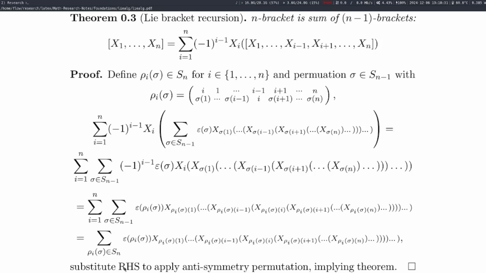And so we can substitute the right-hand side to apply the antisymmetry permutation, rho I of sigma, and this implies the theorem. So Lie bracket recursion is a valid theorem, and I've shown you the proof of how this works. It's all thanks to the choice of permutation, rho I of sigma, and applying it using the double sum and the antisymmetry theorem.